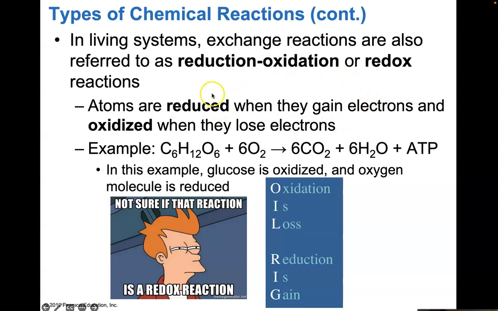If you're gaining electrons, you are gaining negative charges, and that's the idea behind reduced, okay? So again, you're going to be gaining these electrons, but those electrons are going to be used in these high energy bonds.